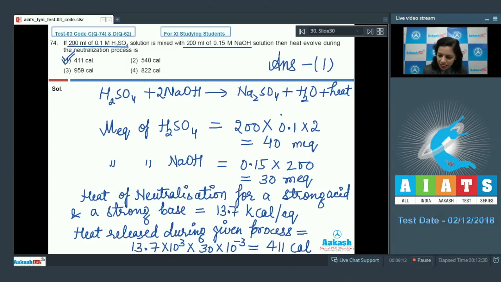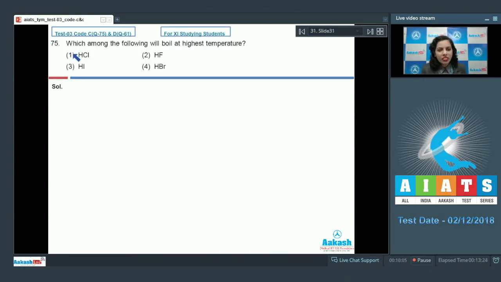Let's take question number 75. Now question number 75. Which among the following will boil at highest temperature? We have different options given here.